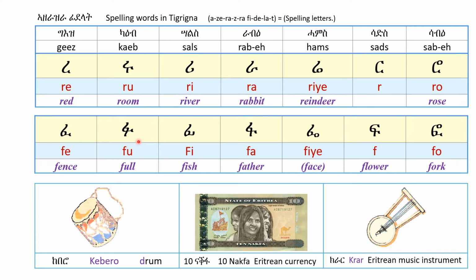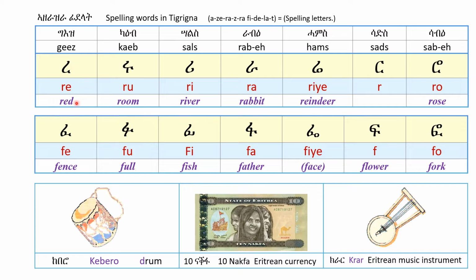Please notice the difference between Fu and Fa. Fu is written with an inclined line, Fa with a vertical line. Let us see the similarity to English words.